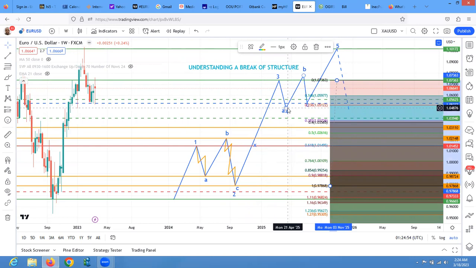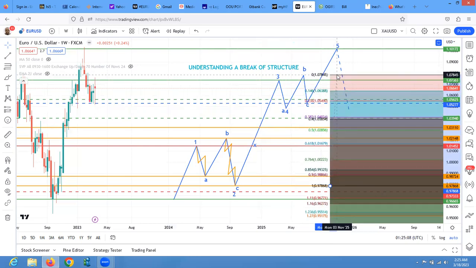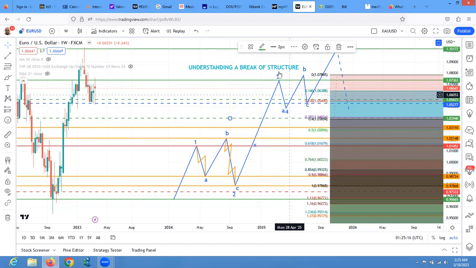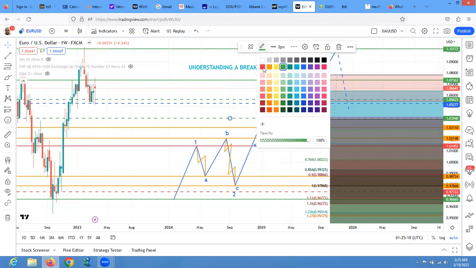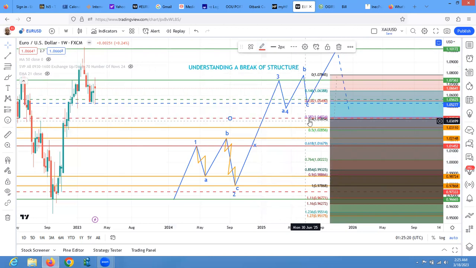So because it's above it, the structure of 4 is not broken. So you don't expect that price is going to change direction. And even if you take it to the height here, which is this height of B here, you only expect the structure to be broken once price goes beyond and below this last line that I have now put in red. That structure will be broken.